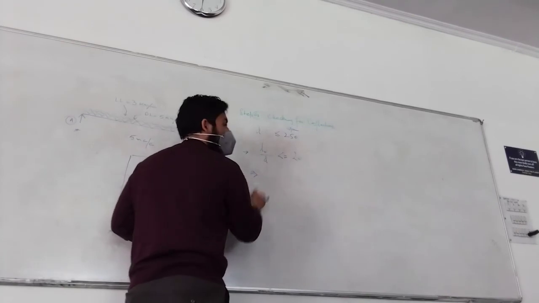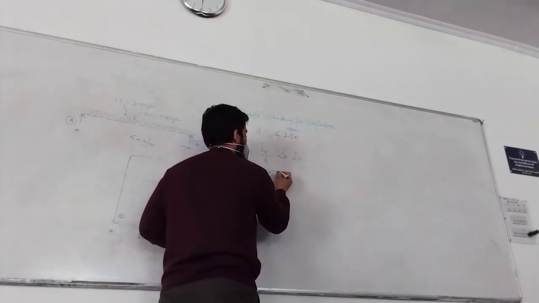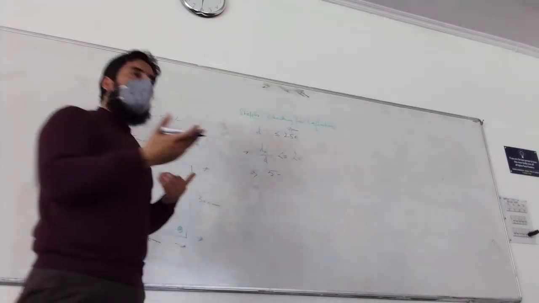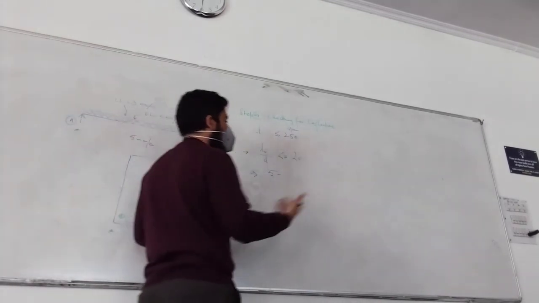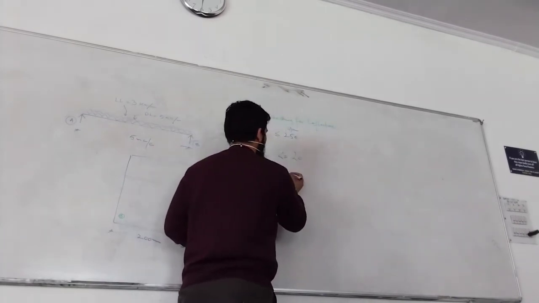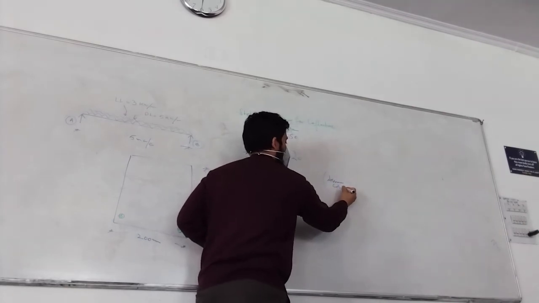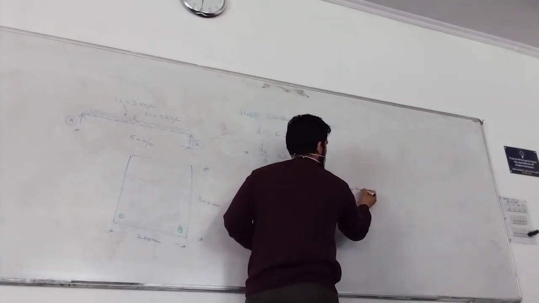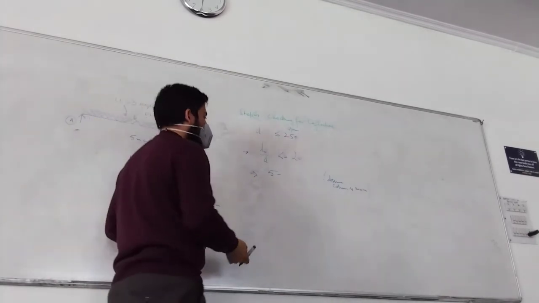So Lc कितना है? 5 minus. Now again here I don't know the column. I can just assume the column is 300 mm. I am assuming at this stage column is 300 mm, or any support on which the beam rests is 300 mm.